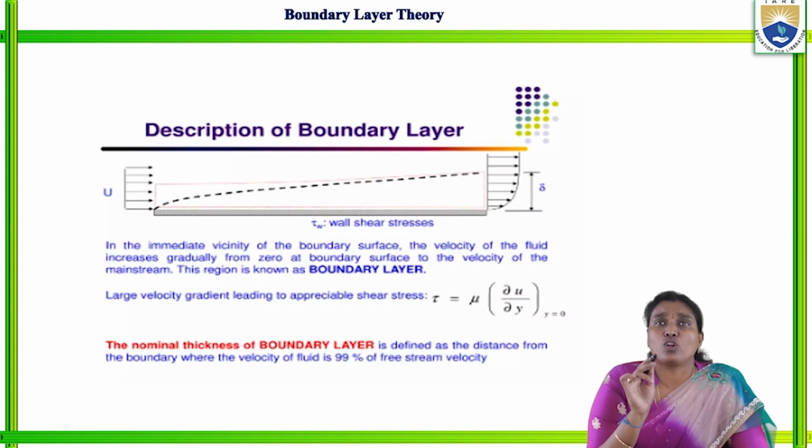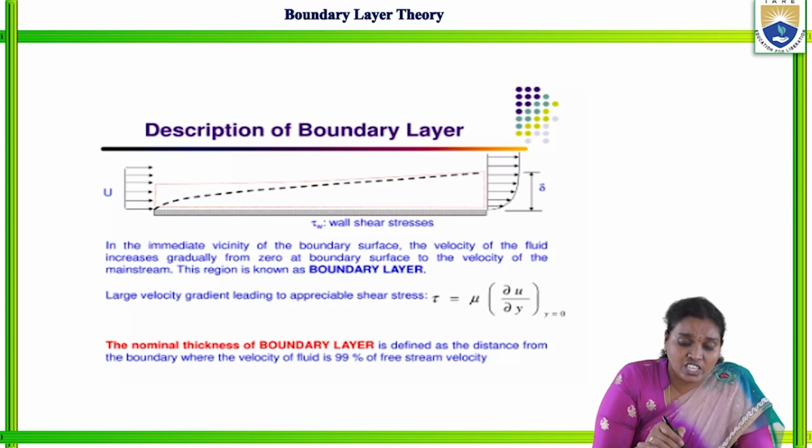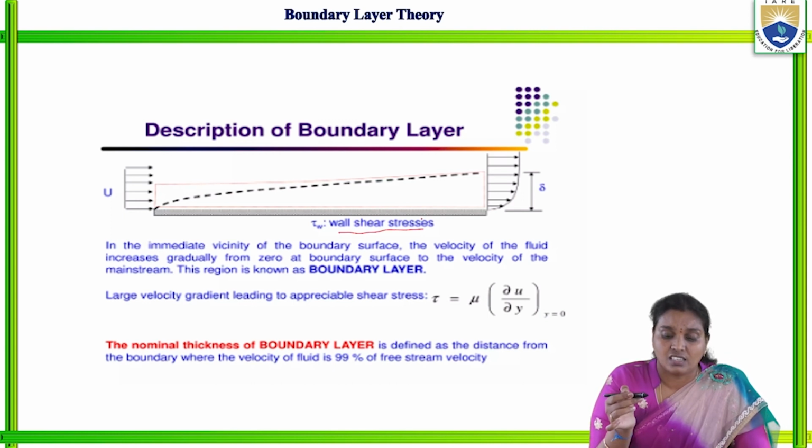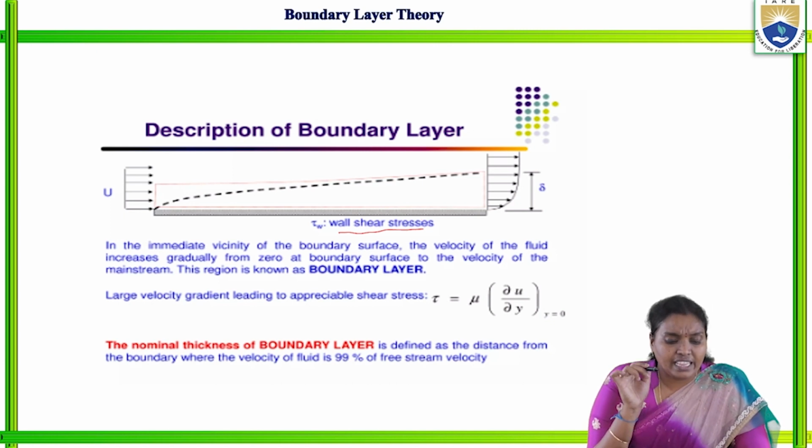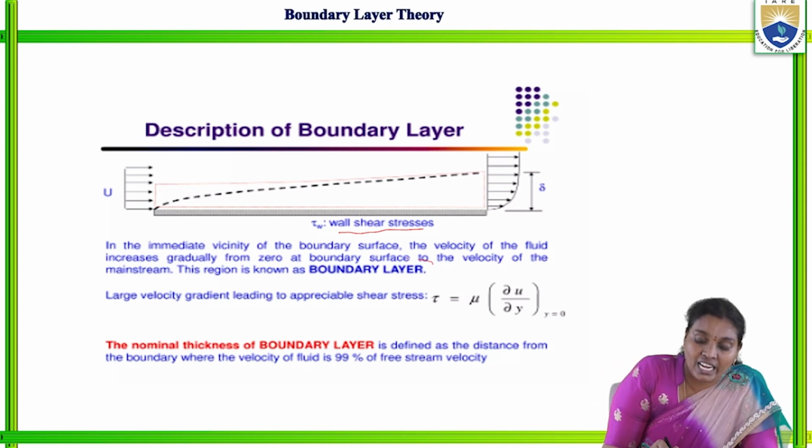Coming to the description of the boundary layer, these are the wall shear stresses. Whenever a fluid flows over a body, the velocity of the fluid increases gradually from zero at the boundary surface to the velocity of the mainstream. This region is known as the boundary layer.